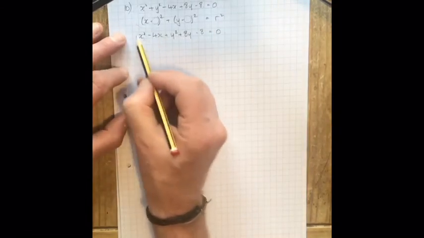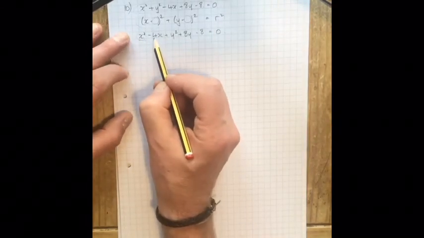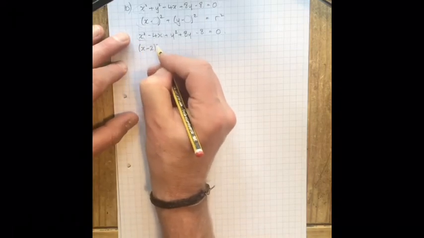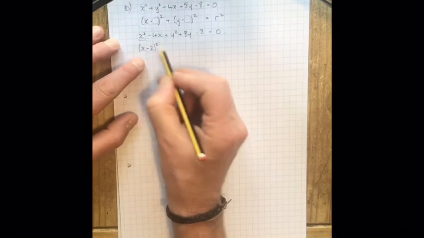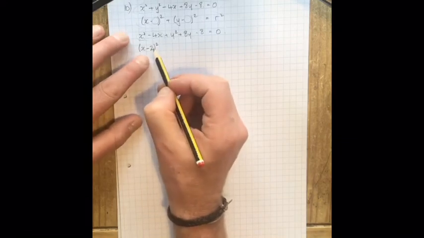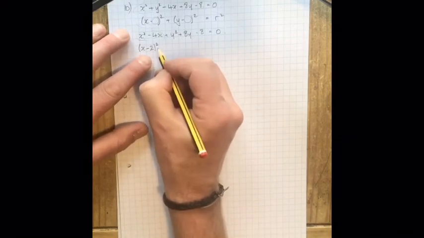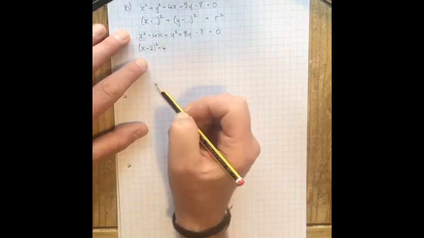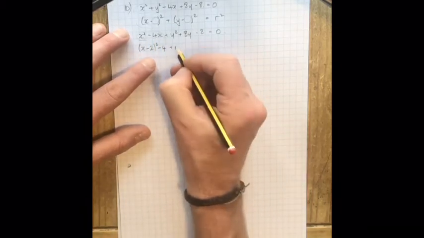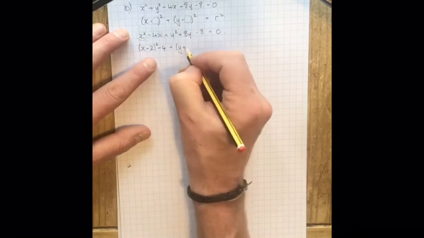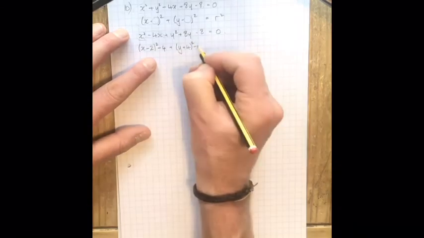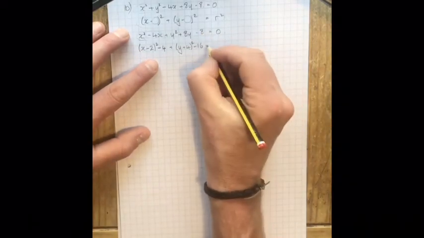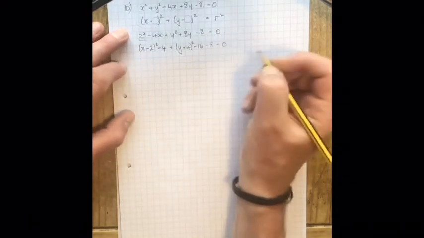Okay, just look at the x's. I'm going to do a bit of completing the square. So that would be x minus 2 squared. If I multiply this out, I'd get x squared minus 4x plus 4. So therefore I need to take away 4 to make it equal to this thing. Similarly with the y, that's going to be y plus 4 squared. I need to take away 16. Take away the 8 equals 0.